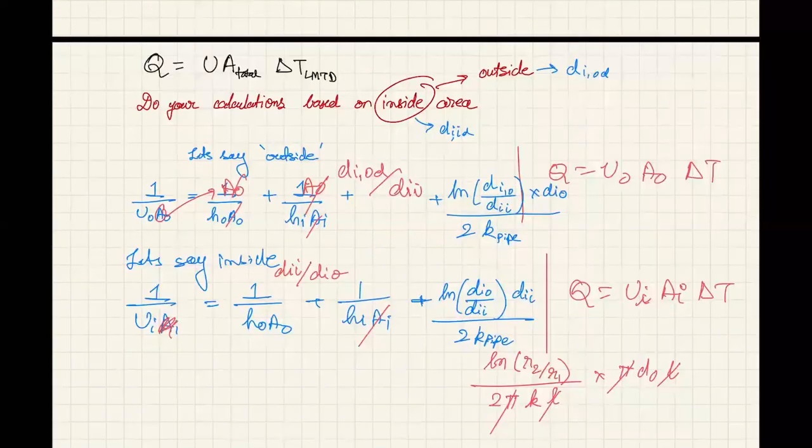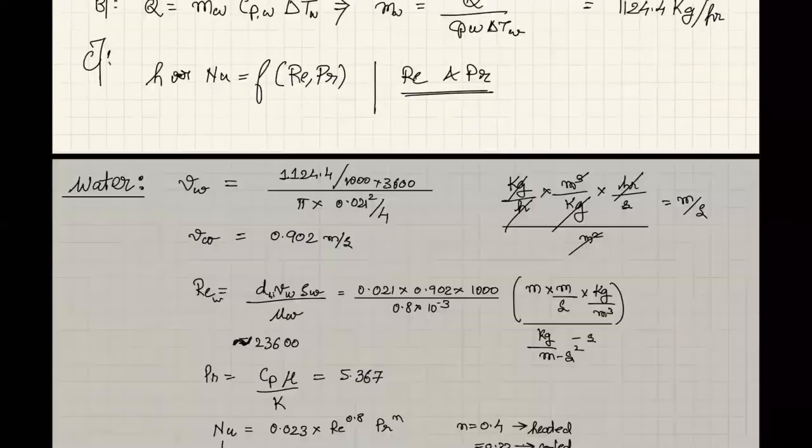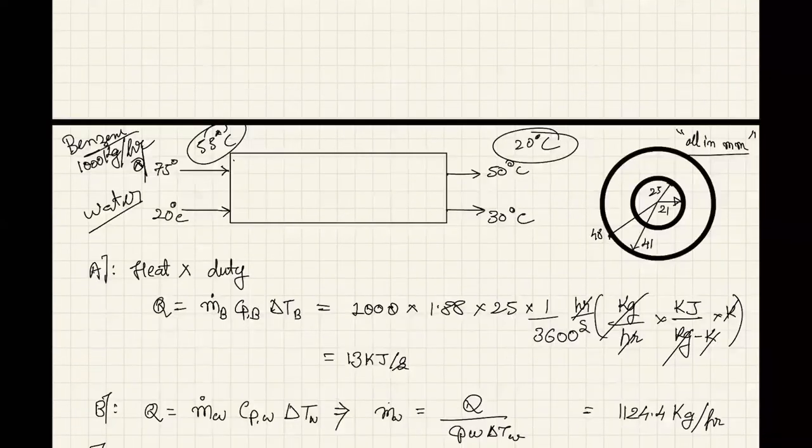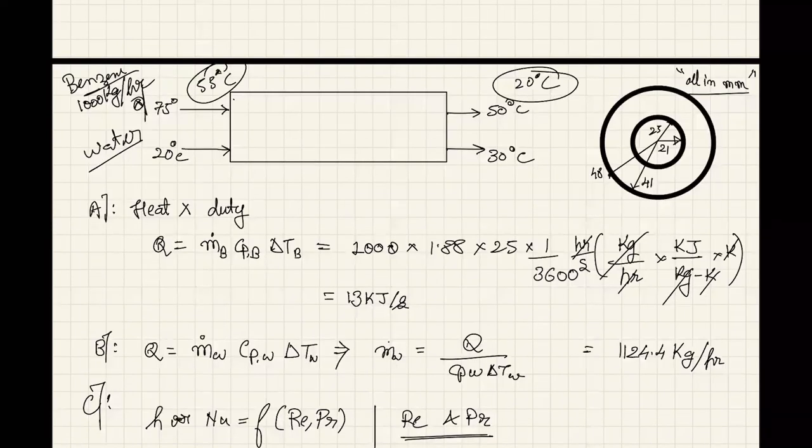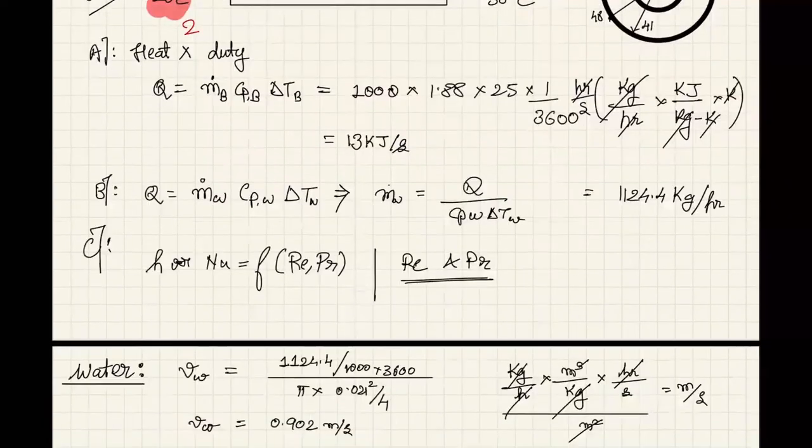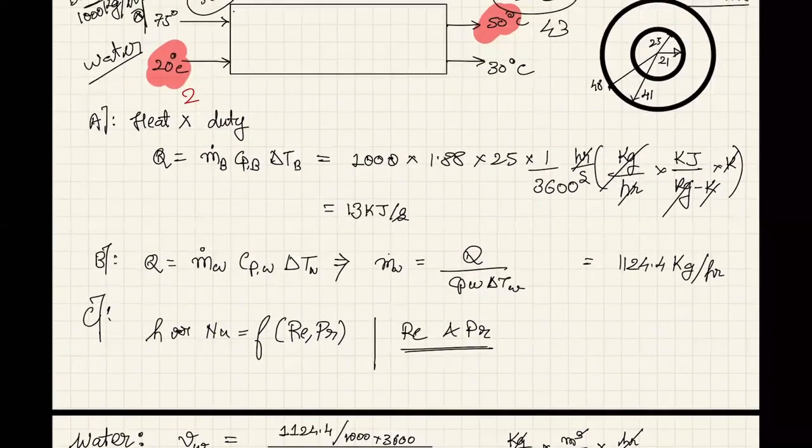So instead of 55 here, if I take somewhere around 43, and instead of 20 over here, I take somewhere around 23 value, correct? Instead of 30, you want to take 33. Yeah.